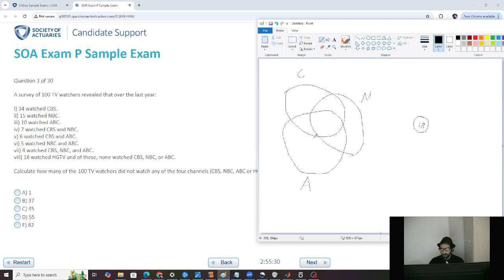18 for HGTV. Fine. 4 watched all 3. NBC, ABC, an additional 1 to total 5. CBS and ABC, that's 6, so 2 more than these 4. CBS and NBC, 7, that's 3 more than these 4. 34 watched CBS, we've got 9. 34 minus 9 is 25.